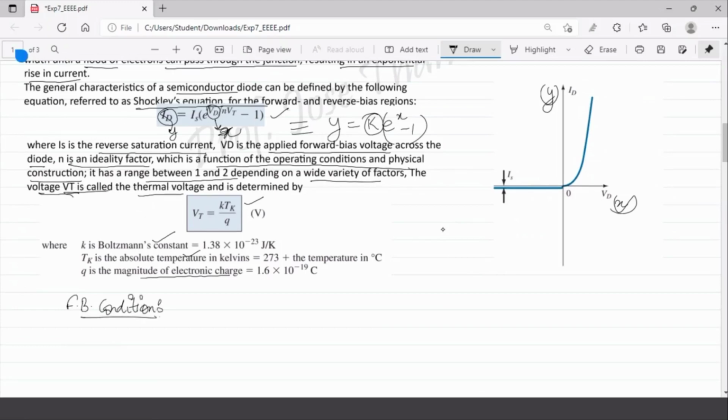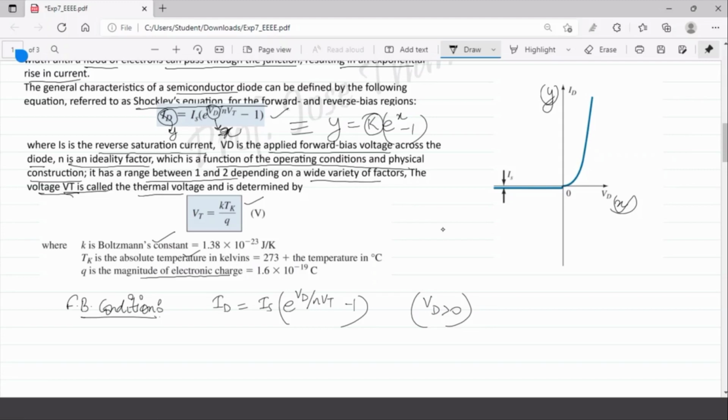We know that the expression can be written as Id is equal to Is into e raised power Vd divided by eta Vt, minus 1. I can say clearly that in this case Vd is greater than 0. So we can say that there is an exponential increase in the current. Id is actually an exponential function of Vd here.